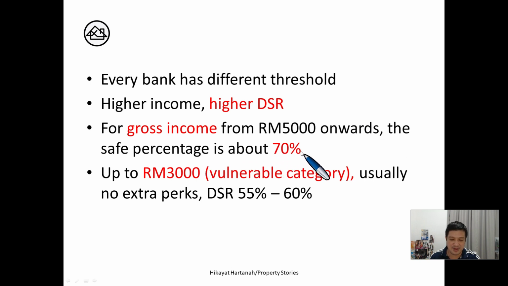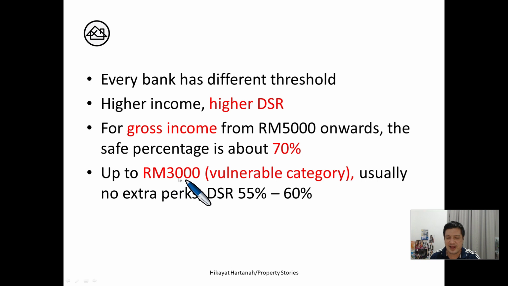Some banks go up to 80. If you hit 10,000 gross, that is a different bracket altogether. Some banks give 80, some banks give 90. So if you aim to hit that elusive 10,000 gross income a month... Those up to 3,000 are categorized as the vulnerable category by Bank Negara Malaysia.